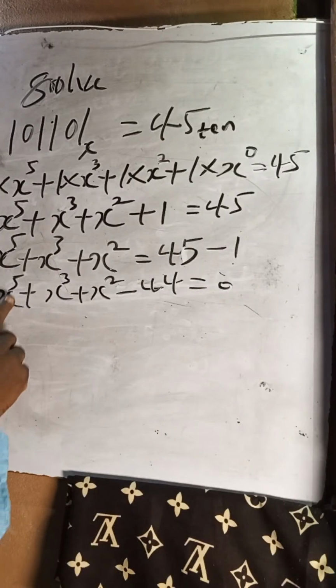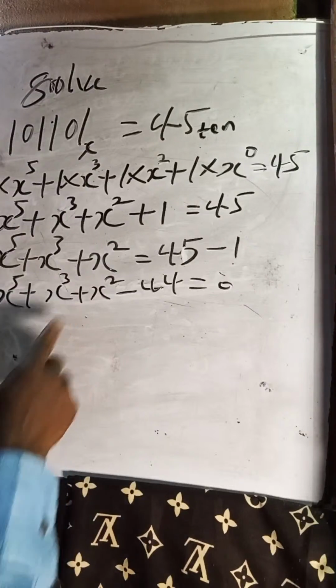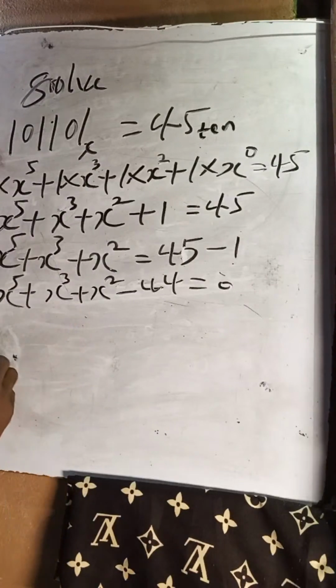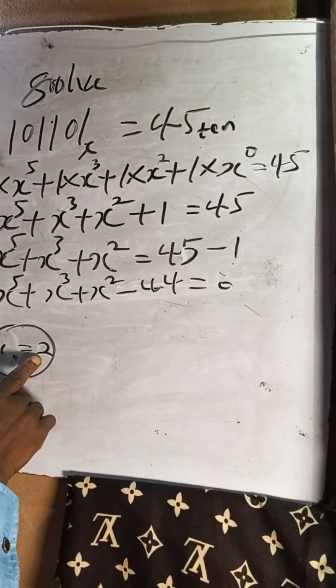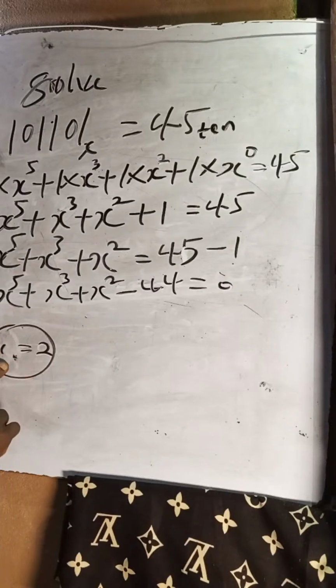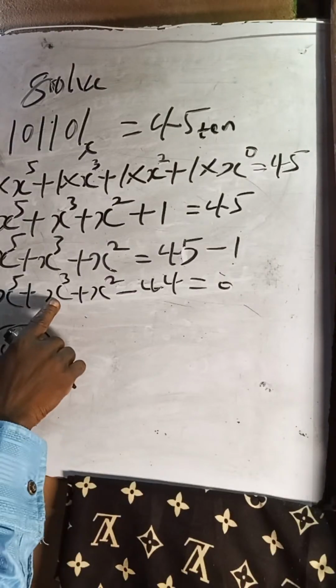Don't forget 32. So one of the answers will be x equals to 2. Try this one. 2 raised to power 5 is 32, and 2 raised to power 3 is 8.